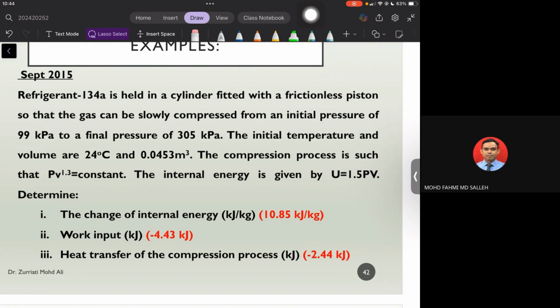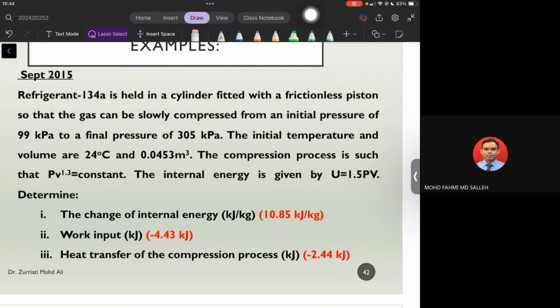The compression process is such that PV power of 1.3 equals constant. The internal energy is given by U equals 1.5 PV. Determine the change of internal energy in kilojoule over kilogram, the work input in kilojoule, and the heat transfer of the compression process also in kilojoule.